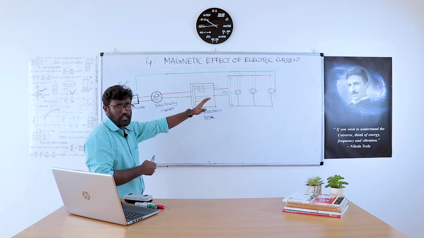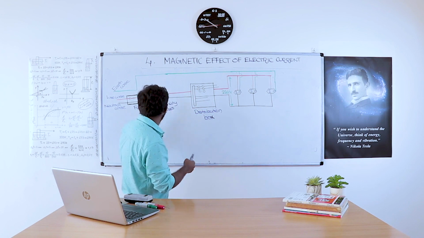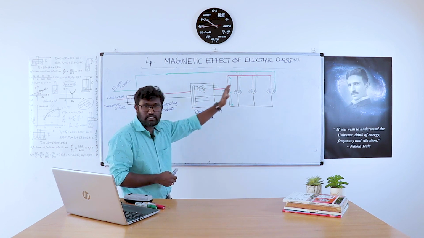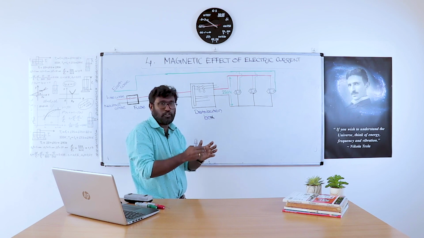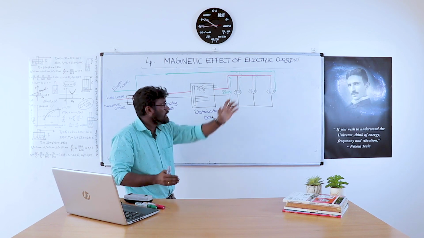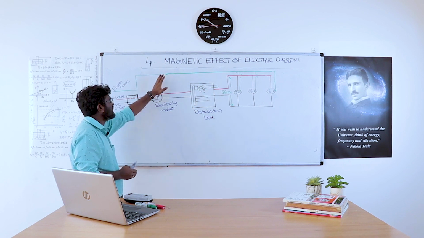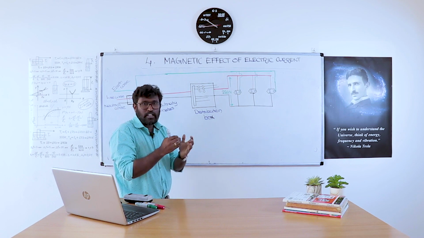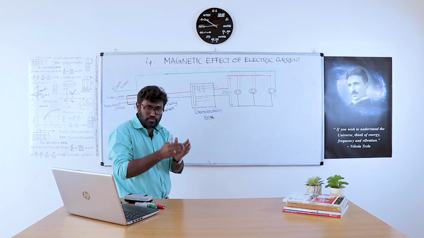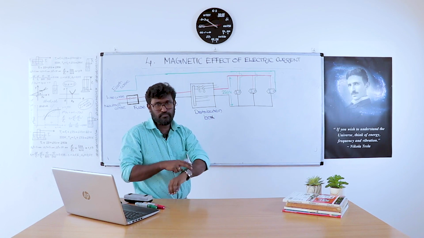If by chance or accidentally the live wire touches the metal appliance, there is excess current flowing through that metal appliance. That excess current will directly go to earth with the help of this earth wire. So it protects the person who is using the metal appliance from electric shock.